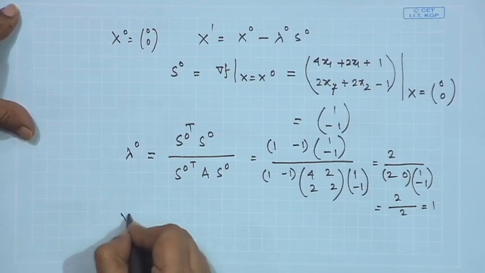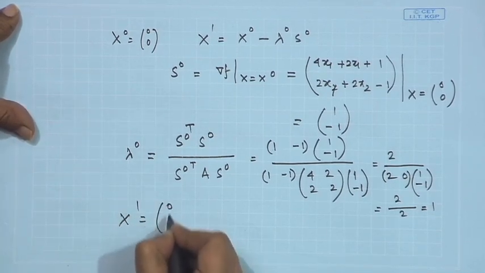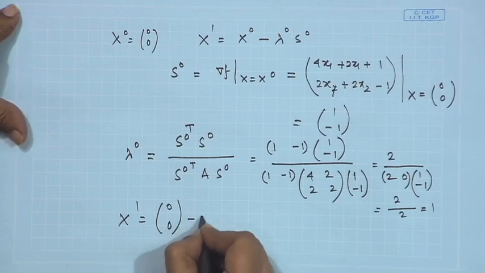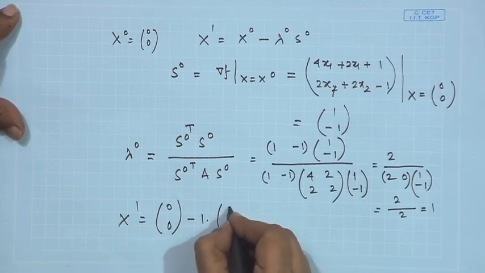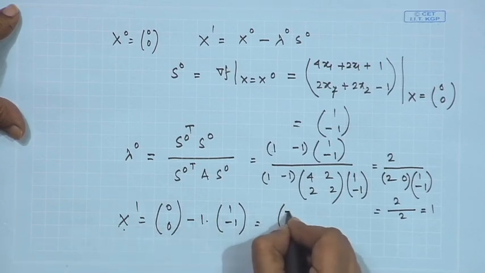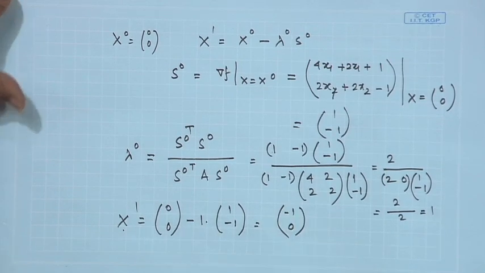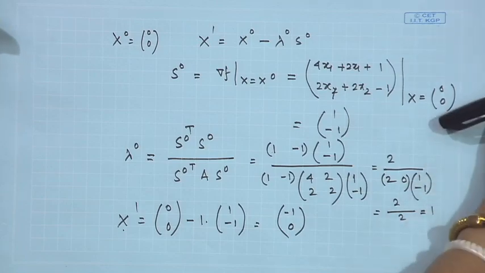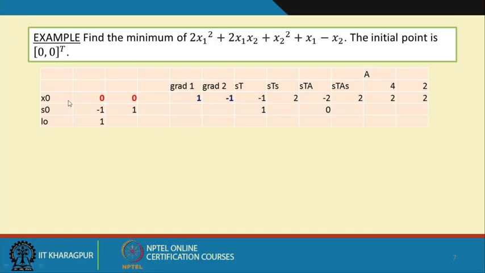Therefore, my next x1 would be 0 0 minus 1 into 1 minus 1. That is why my next x1 is minus 1 1. Clear? This is the calculation for you. Now, this calculation I have done through Excel, starting with x0 as 0 0.